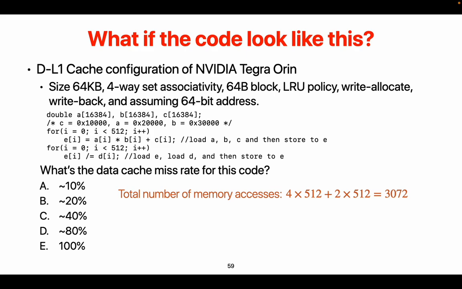What kind of cache misses are we still going to see? Compulsory misses. So how many total compulsory misses are we still going to have? For the first loop, how many of them? Why do we have to divide it by 8?